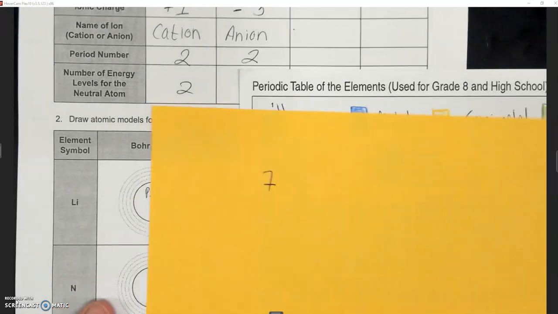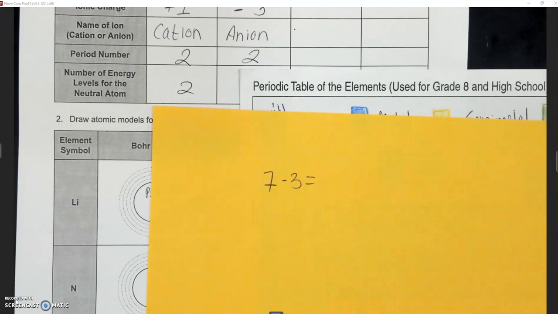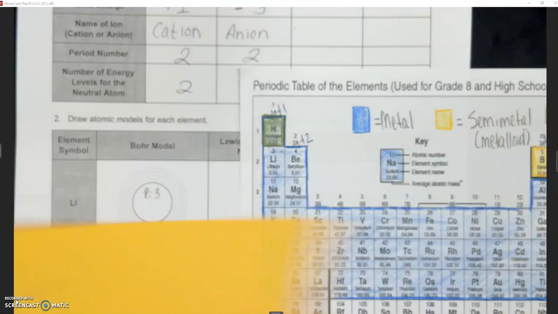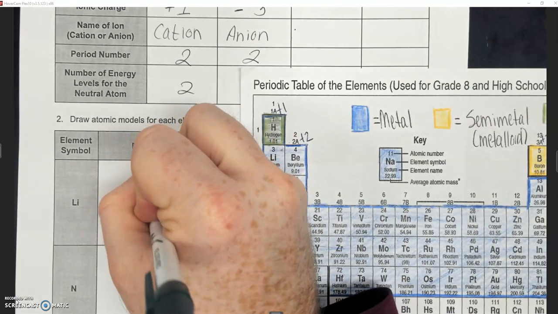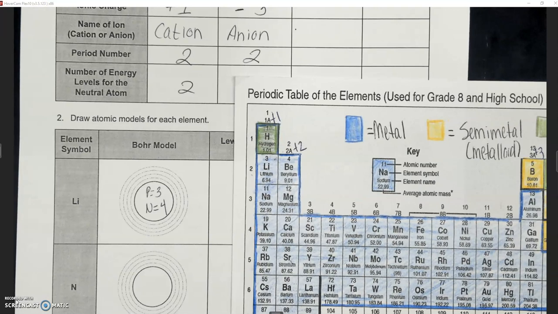It's 3. So you've got 7 minus 3, which means it has a total of 4 neutrons. N equals 4. Alright. If it has 3 total protons, it has to have 3 total electrons.